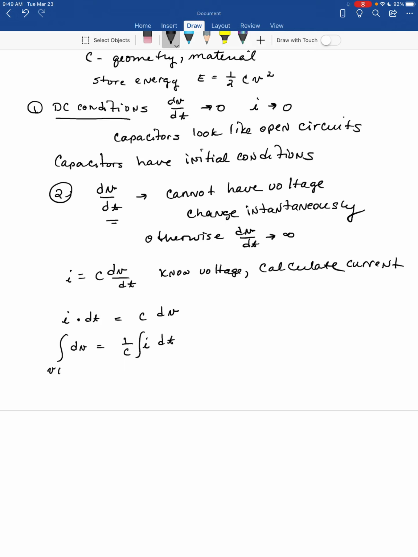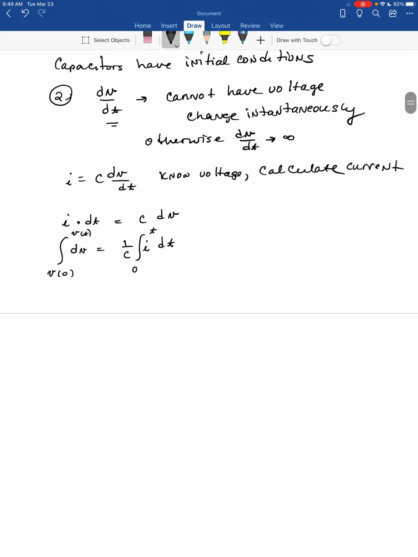So if we do that, this goes from V at some initial condition to some V of t, and this goes from t equals 0, we'll say. You have to have a starting point. In order to get an equation, it's got to be a definite integral to some t. So basically then what I get on the left-hand side is V of t, because it's a perfect differential, minus the initial condition on the voltage, equals the integral of 1/C I dt.